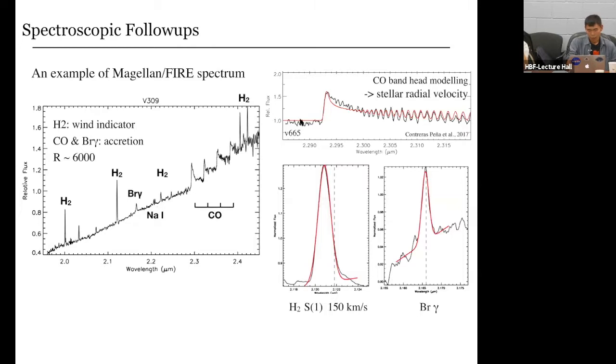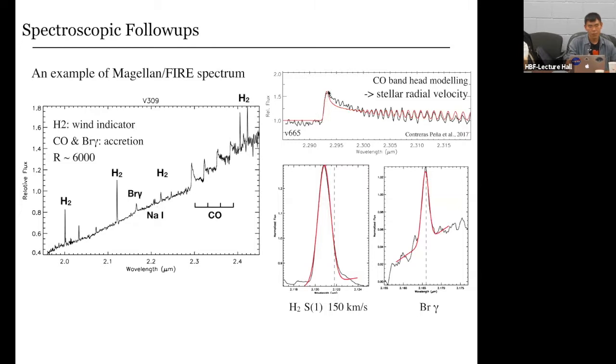And actually, we can define the radial velocity of those lines. The radial velocity of the star is defined by the CO emission band, and this method is applied in Carlos' paper in 2017 on many stars.